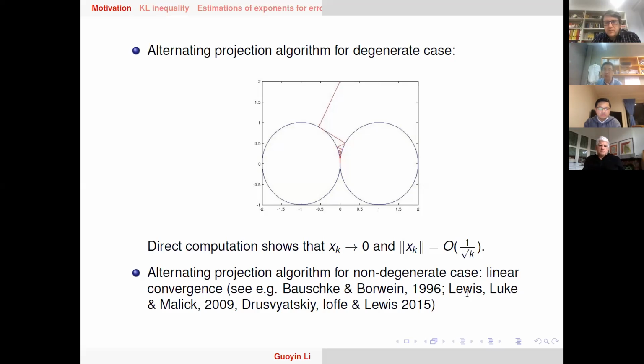What they do is look at local linear convergence under some generalization of the non-degenerate setting involving the normal cone. So you will see that even just applying the alternating projection algorithm, which is a special case of the proximal gradient method, in different situations you might have different convergence behavior. Sometimes sublinear convergence, sometimes linear convergence.